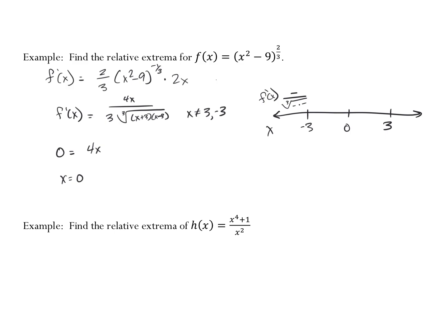And does the cube root matter? Not really, okay? Because I can take the cube root of a negative, and the cube root of a negative is negative, and the cube root of a positive is positive. So we can kind of ignore that cube root. So overall, is this value negative or positive? Negative. Which tells me f of x is decreasing.